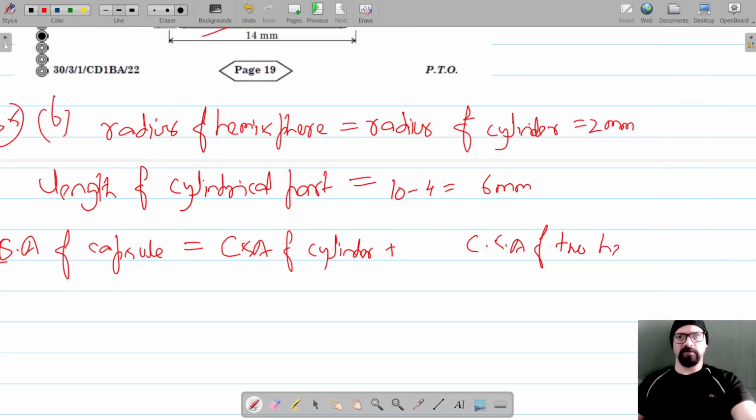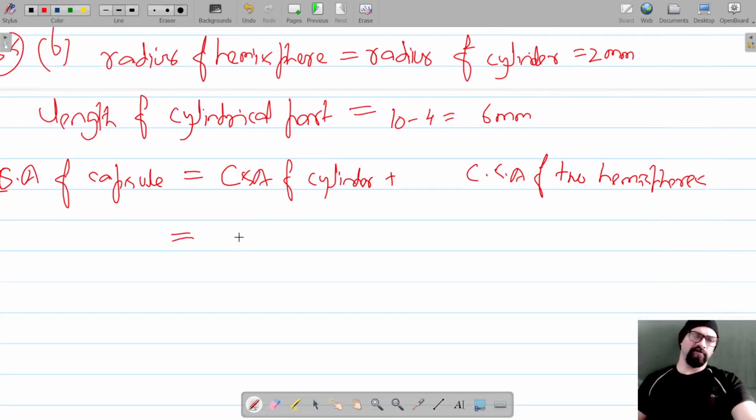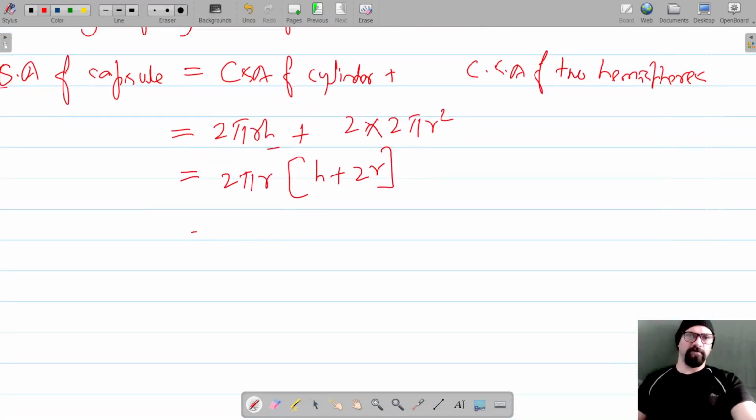Now the curved surface area of cylinder is given by 2 pi r h, and curved surface area of hemisphere is 2 pi r square, so for two hemispheres 2 into 2 pi r square. If I take 2 pi r common, we are left with h plus 2 r.